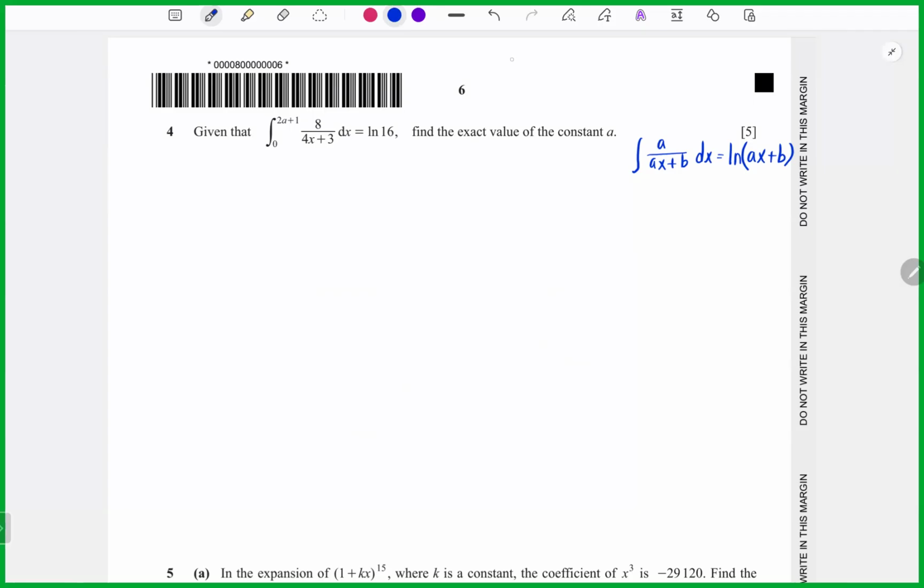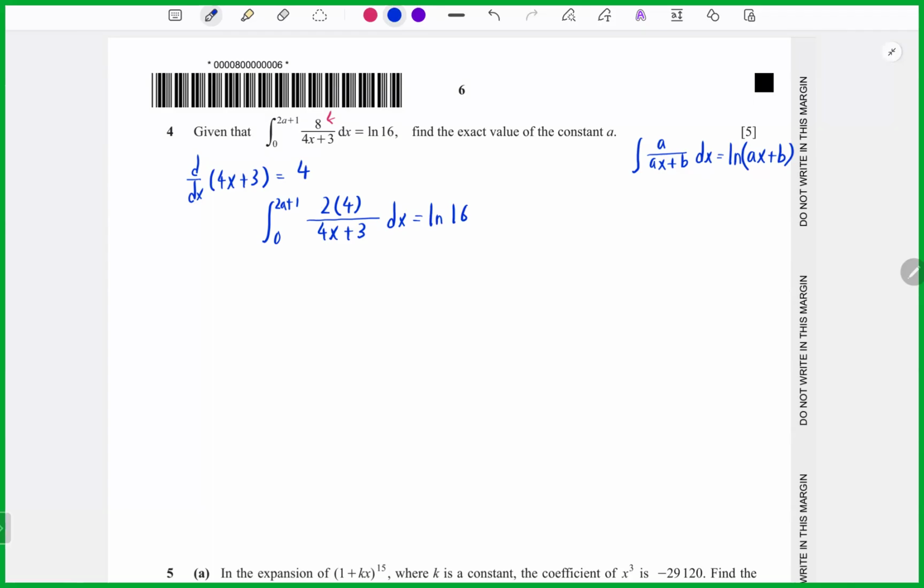You see 4x plus 3, after differentiating you will get 4, right? But you see what is the value here? 8, right? So you need to separate out the value first. So you can integrate from 0 to 2a plus 1, and you can take out 2 bracket 4 over 4x plus 3 dx equals ln 16.